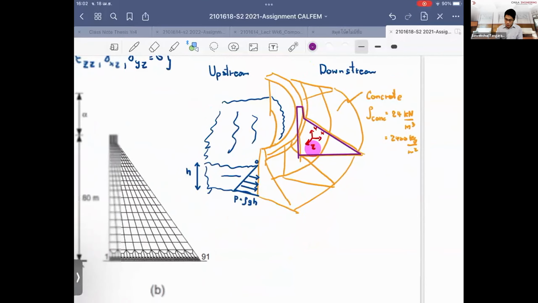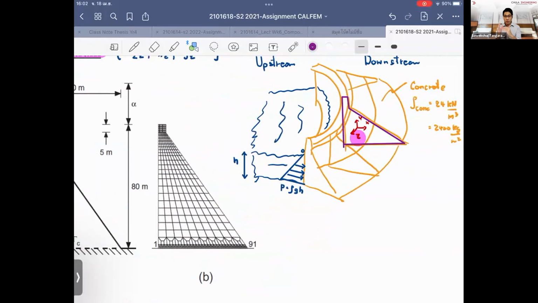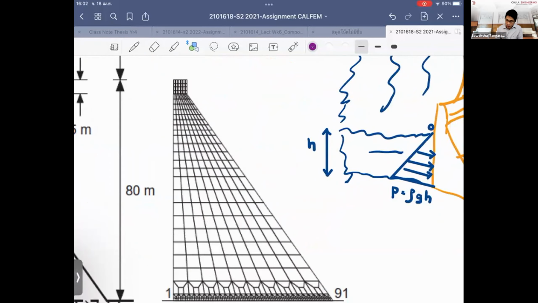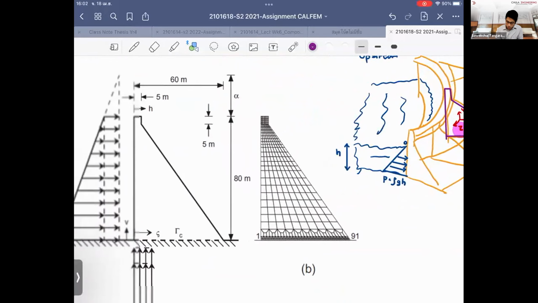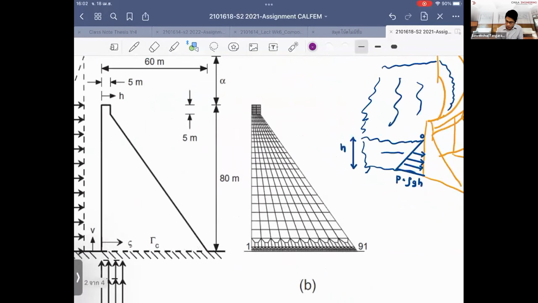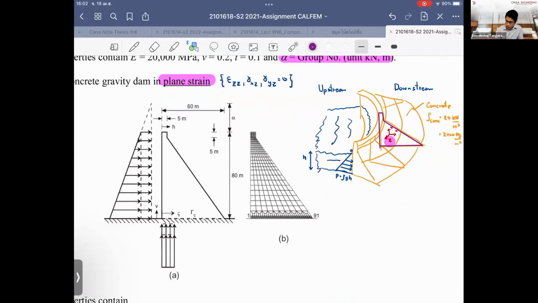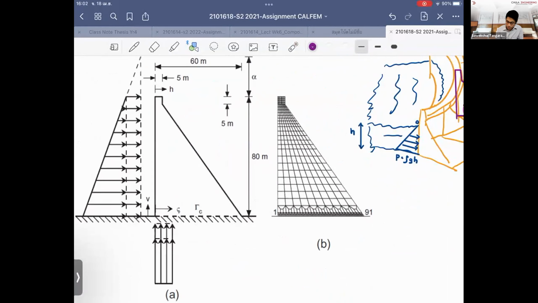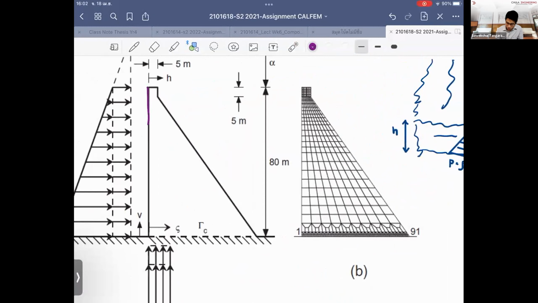I'd like to investigate how much the water level can rise, and what happens to my structure at each of the water levels. That's why I make the cut through. This is the slice of the plane stress, sorry, the plane strain that I'm looking at. So I cut through, and the problem we're looking at is here.